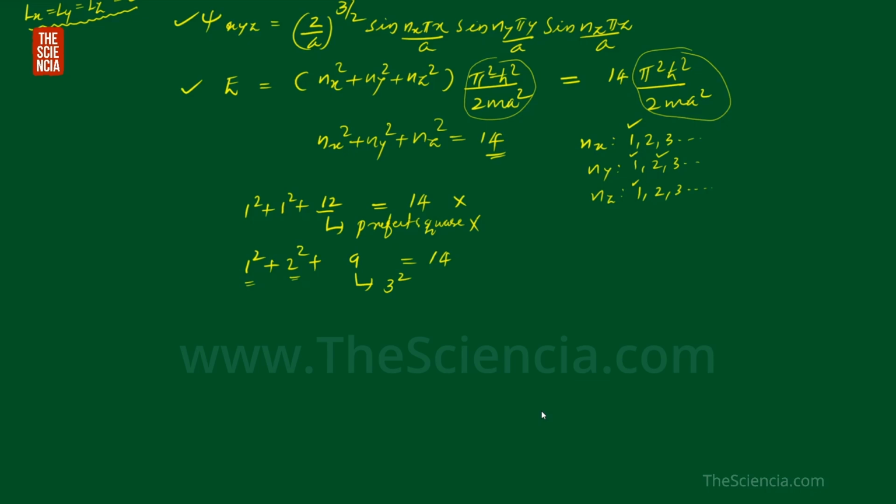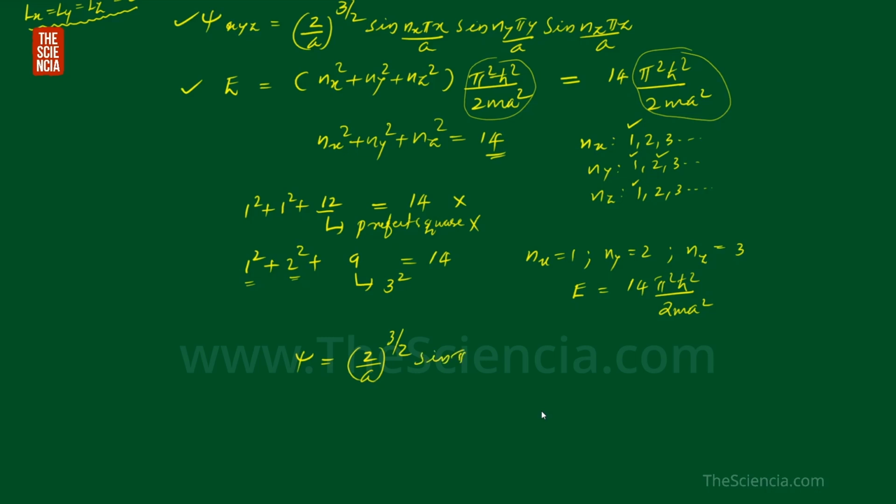So if nz value is 3, that is nx equal to 1, ny is equal to 2 and nz is equal to 3, then we will get the energy E equal to 14 pi square h square by 2ma square. So then what will be the corresponding wave function? That is, psi will be equal to 2 by a all raised to 3 by 2 sine, what is the nx value? 1.